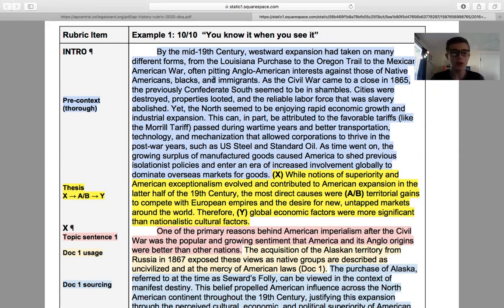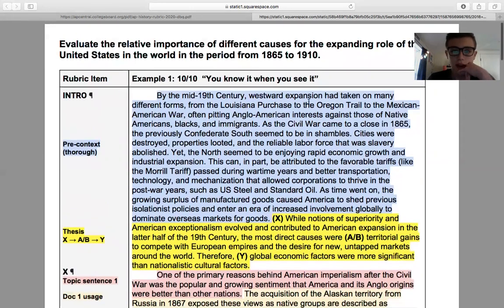You can see their contextualization had lots of different things. They talked about westward expansion, Louisiana Purchase, other events that are relevant to what's happening here. And they give you some contextualization on what led up to this and what was going on during this time, allowing for the expansion.